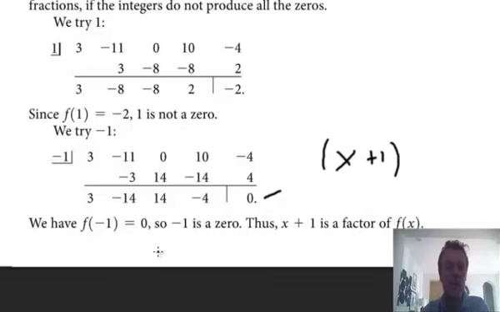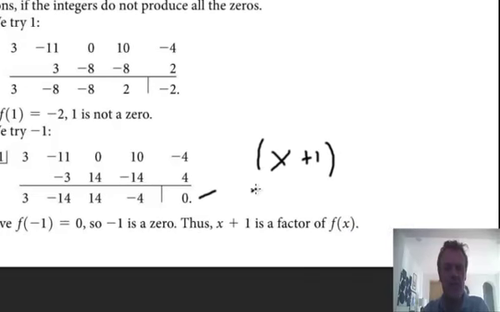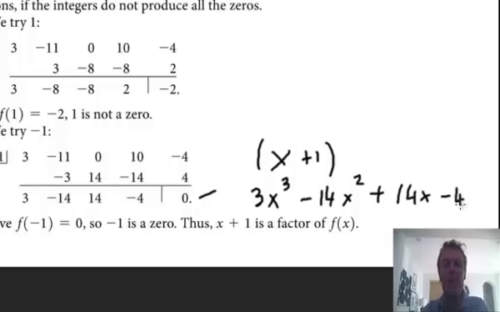Now what we have left here is this. Think about it. 3x cubed, we came down from a 3x fourth, minus 14x squared plus 14x minus 4.